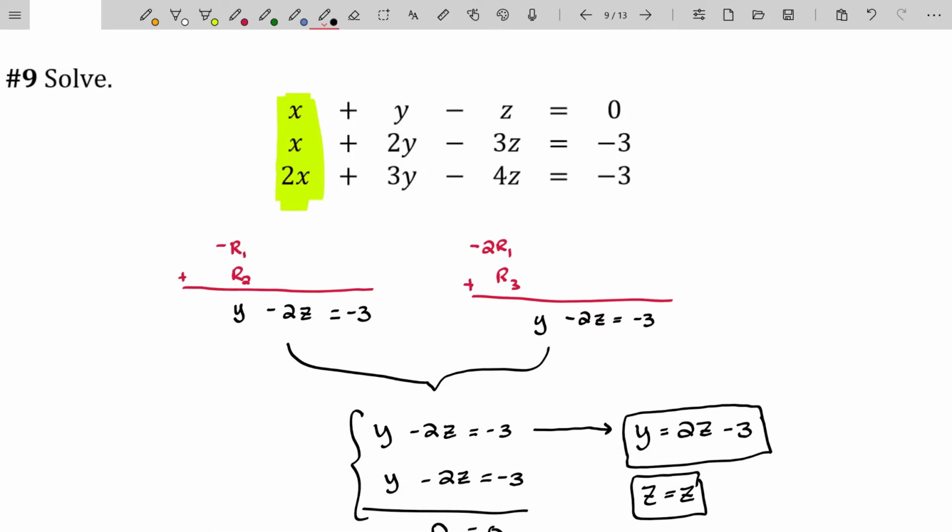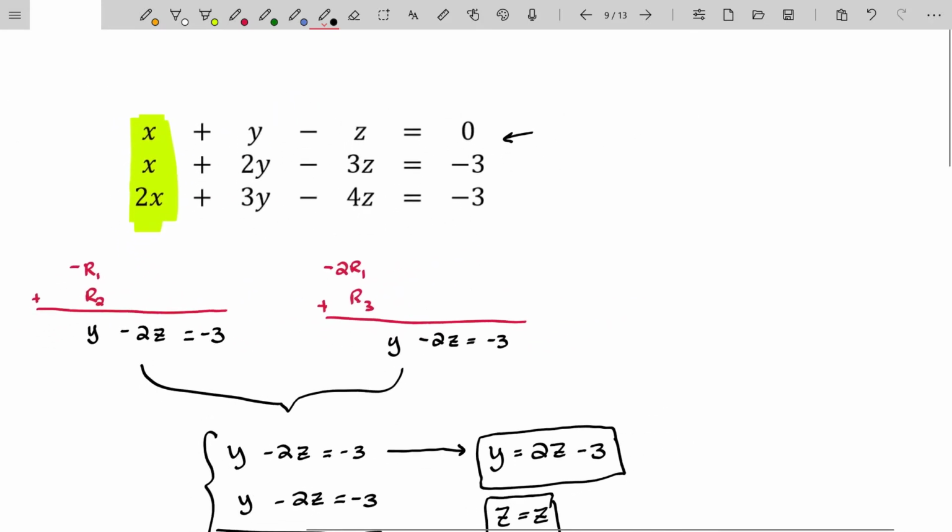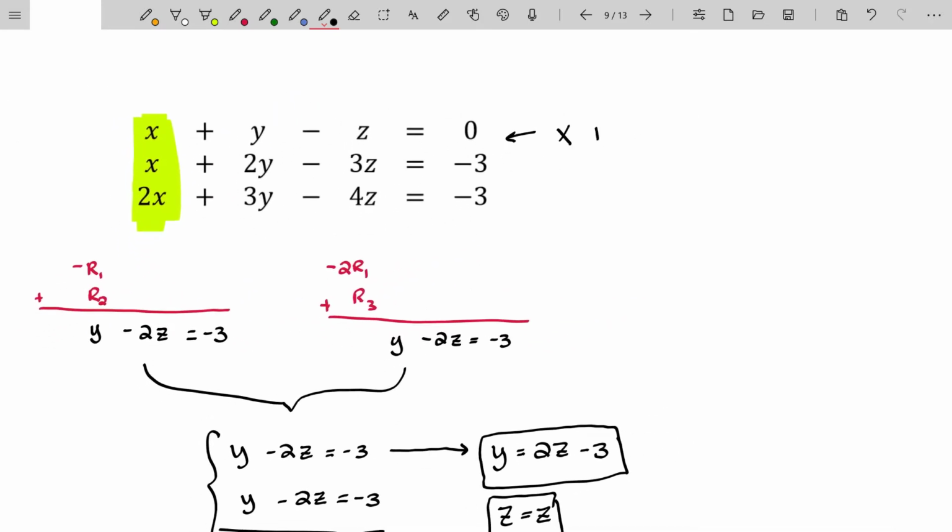So I'll just go to this top equation here. I get x plus, again, y is 2z minus 3, minus z is equal to 0. Or in other words, x is equal to, let's see, 2z minus z is a z, but you're subtracting it from both sides, so you get negative z plus 3. x is equal to a negative z plus 3.